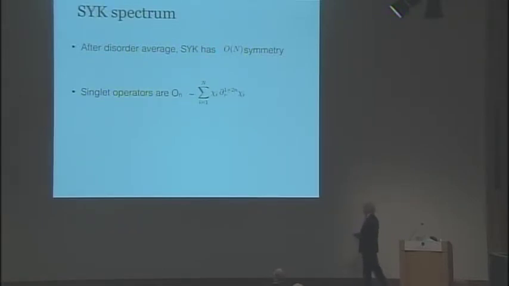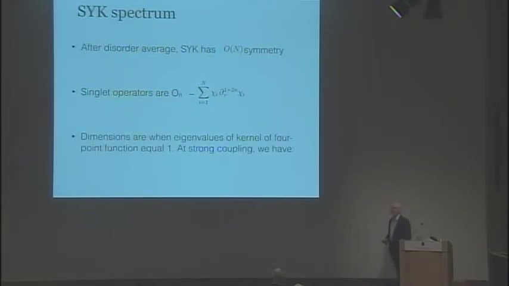And one wants to know, of course, what these degrees of freedom represent in the gravitational bulk theory. What are their masses? What are their couplings? And their masses are simply determined by the dimensions of the operators on the boundary.